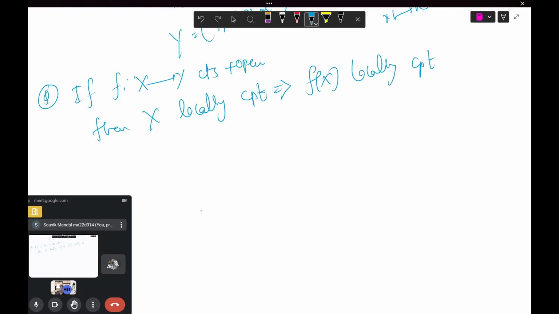So here the openness of f is necessary for X locally compact to imply f(X) locally compact. So that's the thing. Now try to do this: if f is continuous and open, then X locally compact implies f(X) locally compact.